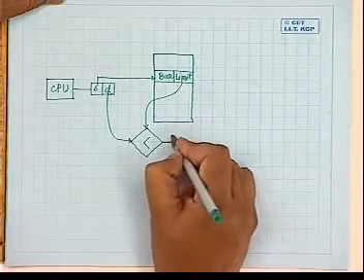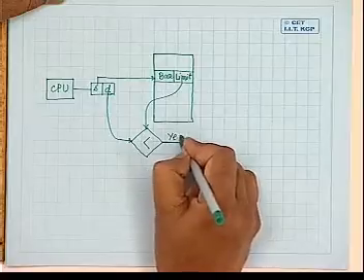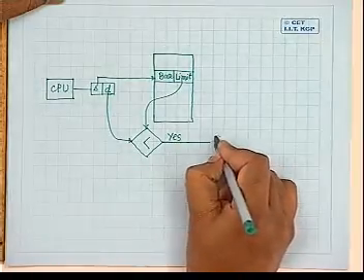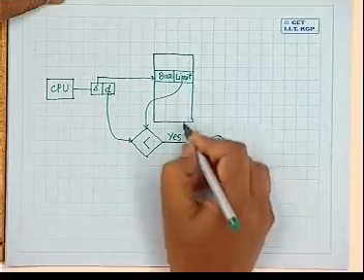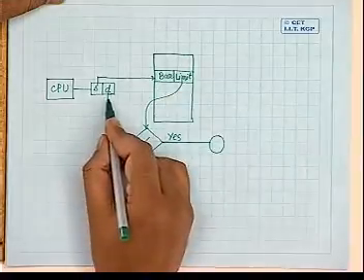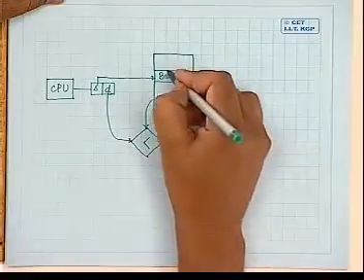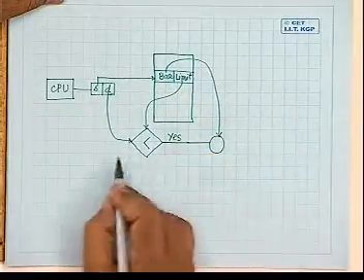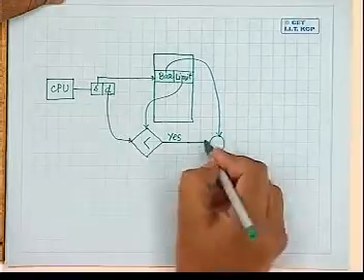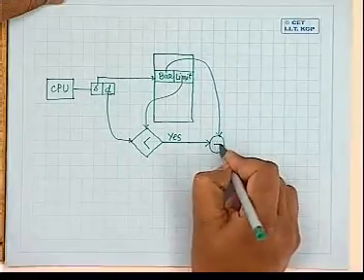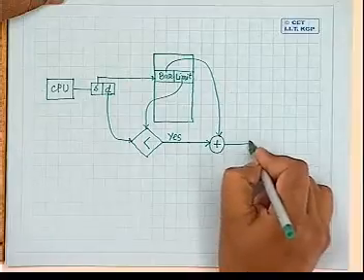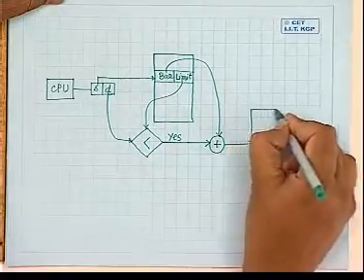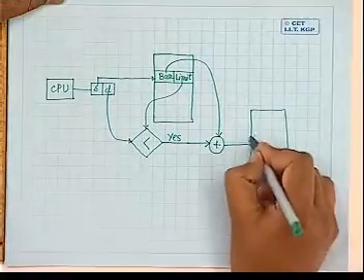If D is less than limit, that means if this condition is true, then what I have to do? I have to add base address to this offset. Okay. So the content of the base address will be added to offset D. That gives you the physical address in the main memory where the data or the instruction is to be accessed.